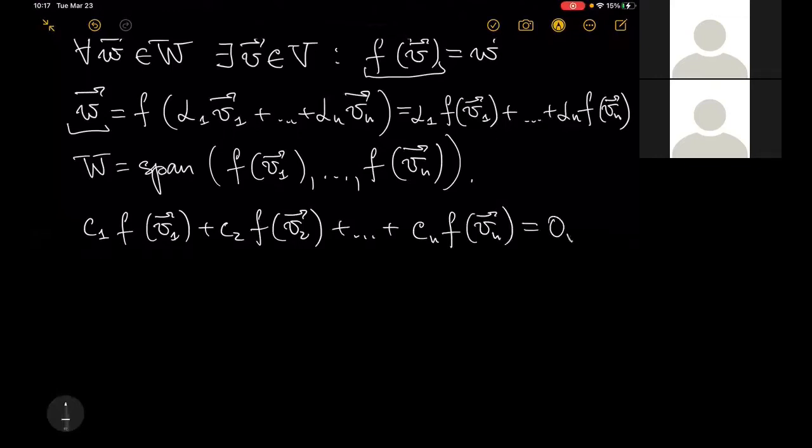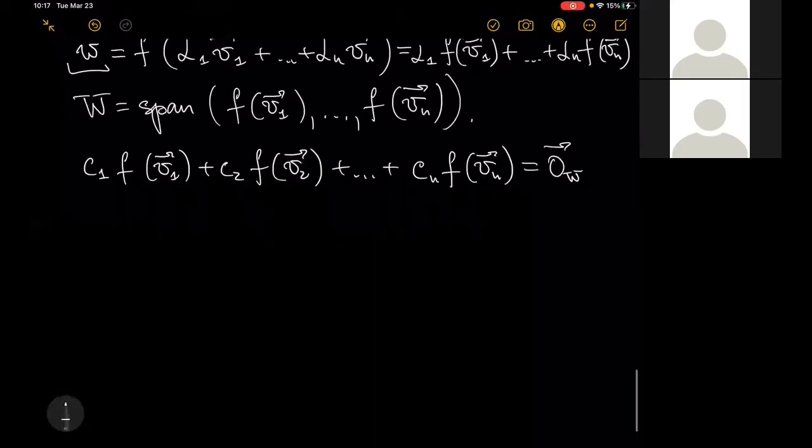And we are saying that this is zero vector in the W space. So in order to show that they are linearly independent, I need to show that this is possible only when C1, C2, and so on till Cn are equal to 0, right?